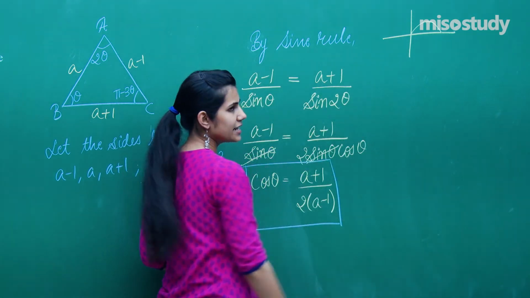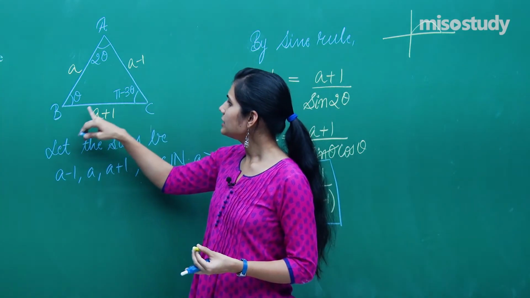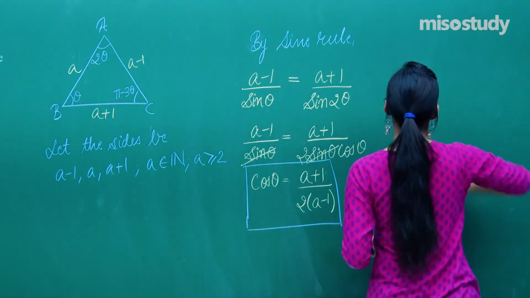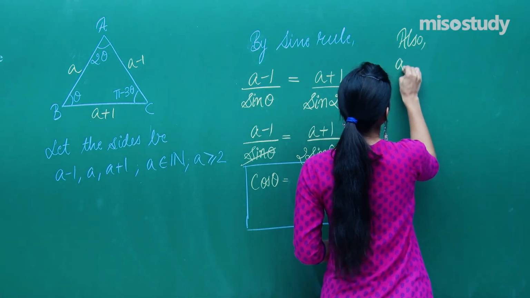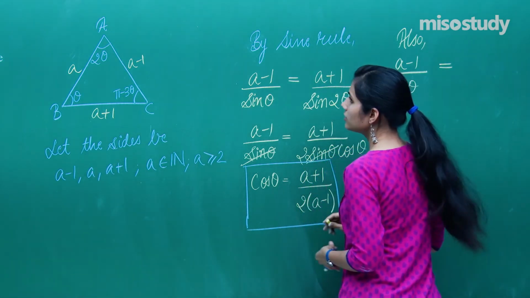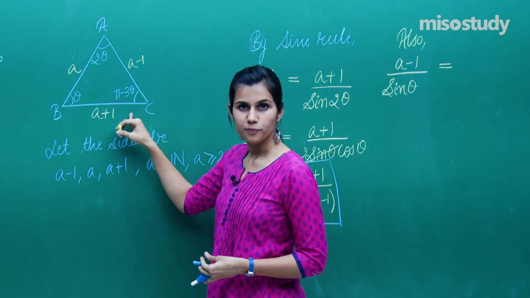There's further some extension to sine rule. Let's now use that to get another condition. A minus 1 upon sine theta is also equal to a upon sine of pi minus 3 theta.